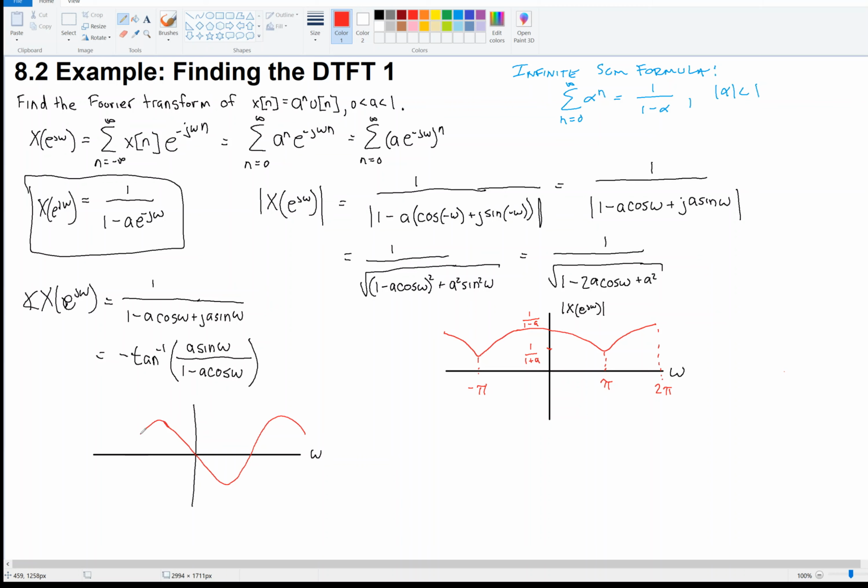It should be more rounded there, but you get the idea. And so this height is not critical here, but it turns out that's the inverse tangent of a over the square root of 1 minus a squared. Okay, that's the height. And it's an odd function, and it does repeat every 2 pi. It has to.